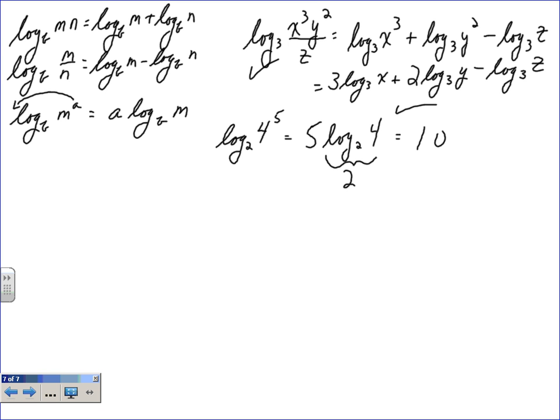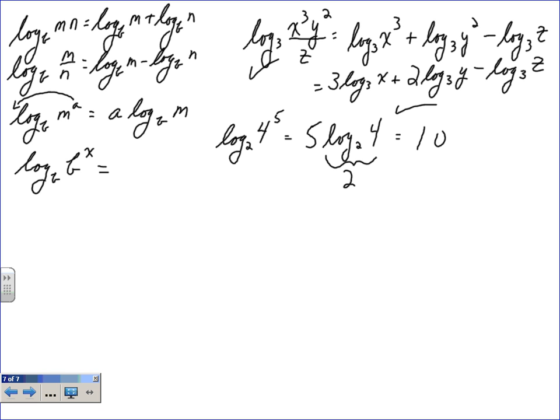All right. Here's another property. Take the log any base of b to the x power. What does that equal? Take the x, bring it out front. What is log base b of b? 1.